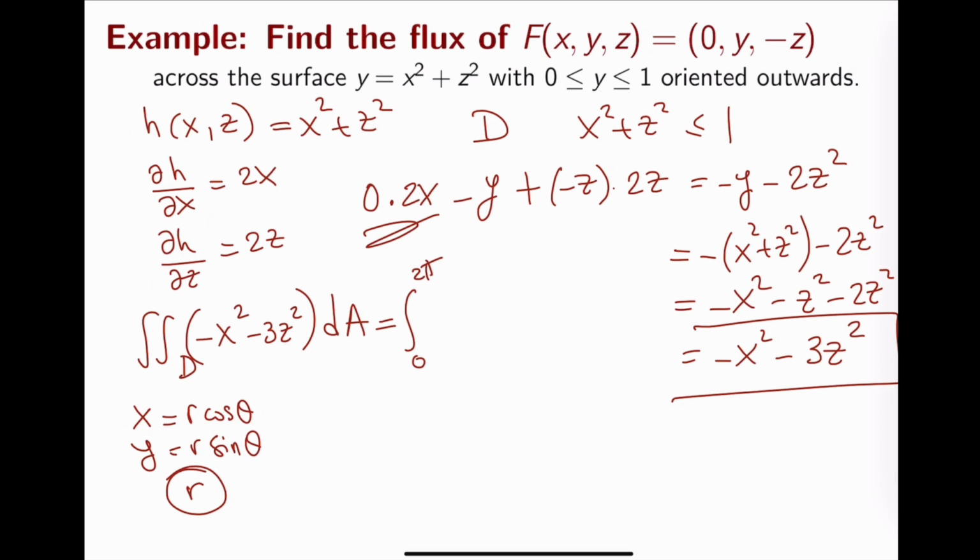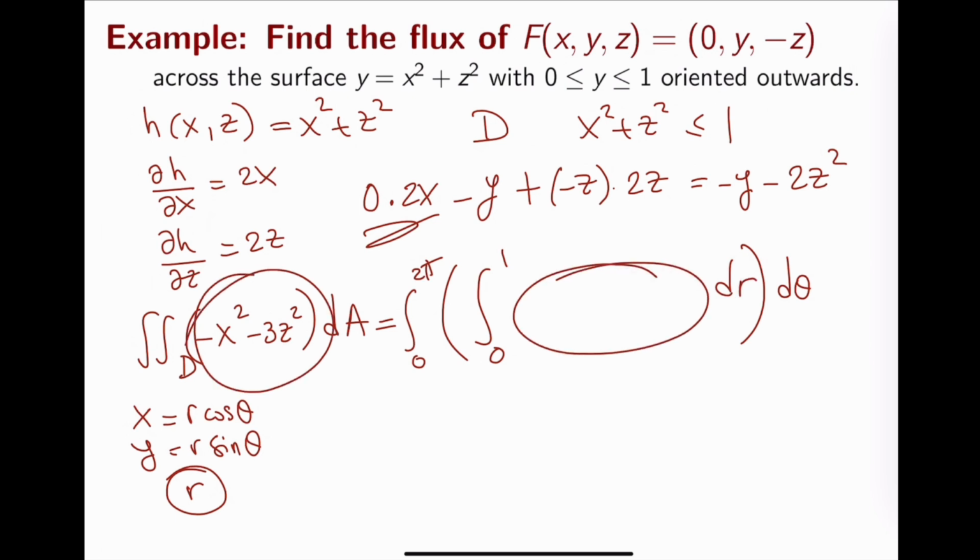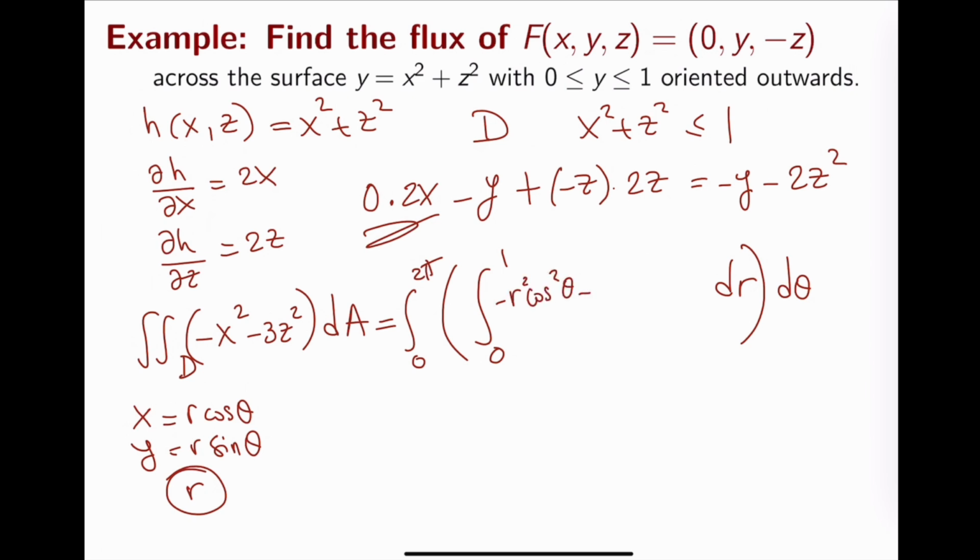So we have a whole circle here, and this is going to be the variation of the angle, and inside we're going to put the integral between 0 and 1, the variation of r. And inside here we are going to put this, substituted with the value in polars. So then this is going to be minus r squared cosine squared minus 3 r squared sine squared. And then we multiply by r.